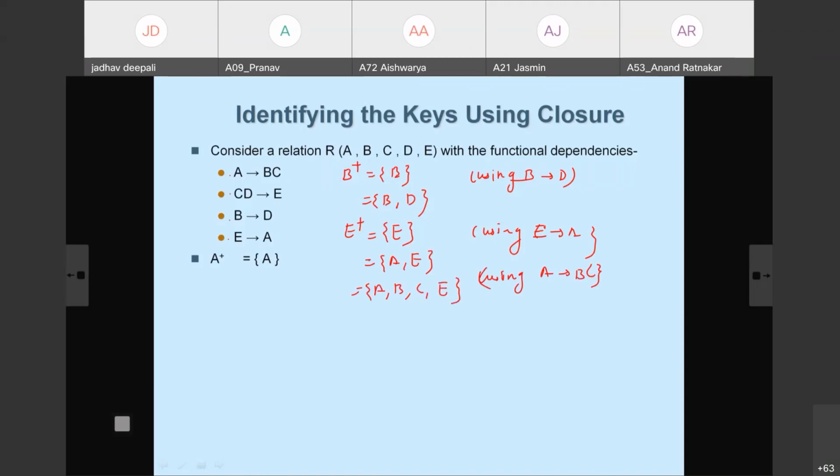Correct? E is first added. From E, A is determined. Then A and E are there. From A, BC is determined, so BC is in the result.